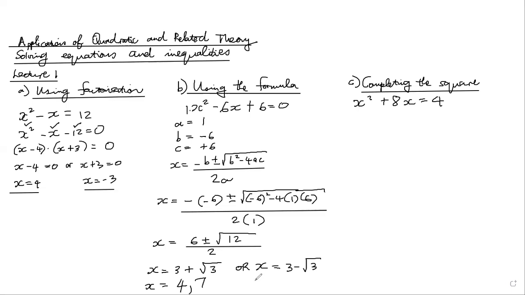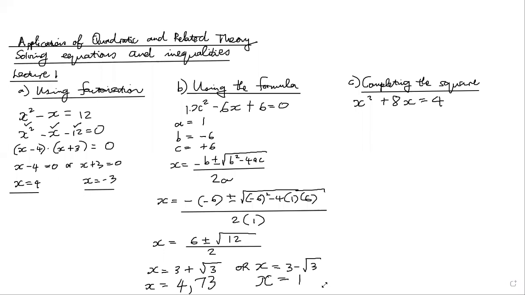And the other answer, 3 minus square root 3 will give us 1,27. Those are our two answers. So I'm just going to underline them.